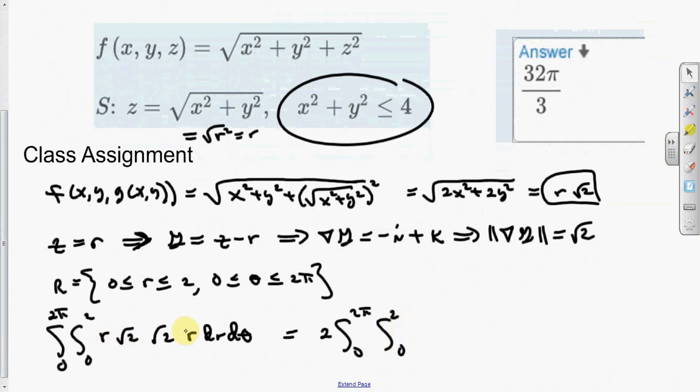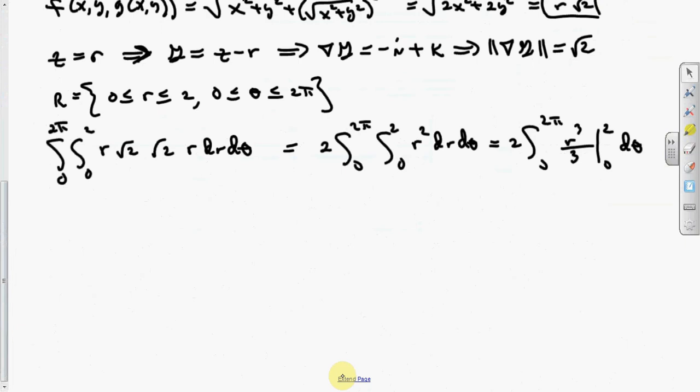This is r squared dr d theta. Integrate with respect to r. So this is 2 times the integral from 0 to 2 pi of r cubed over 3, evaluated from r equals 0 to 2, d theta. So that's 2 cubed.